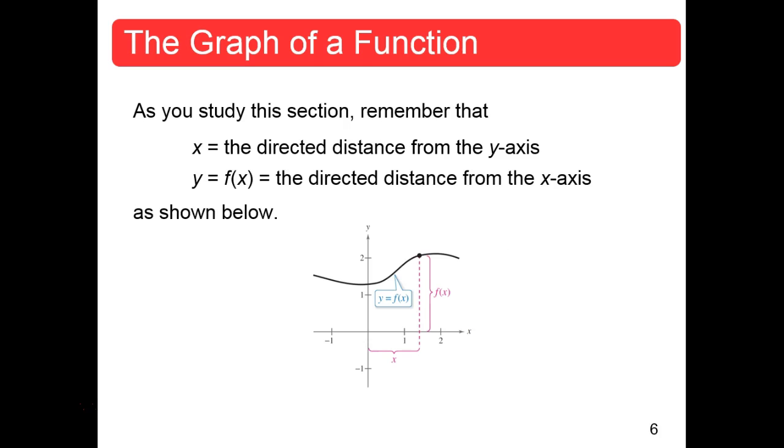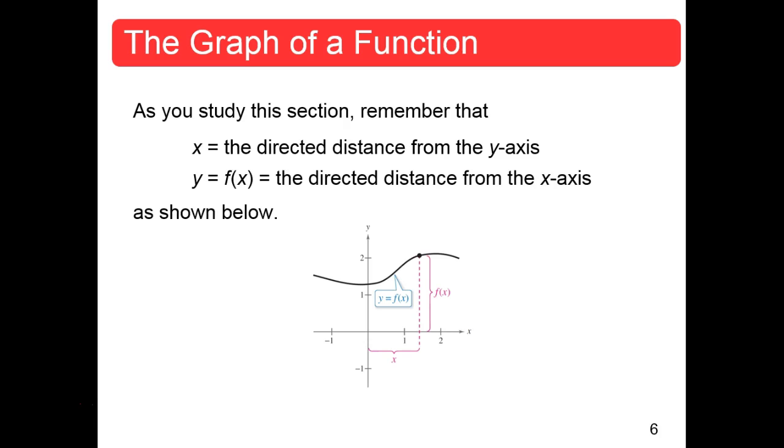As you study this section, remember that x is the directed distance from the y-axis, the vertical axis. That's how far this way or that way you've gone. Positive in this direction, negative in that direction. That's your x. The y, which is the f(x), is how far you are up or down from the x-axis, or you could say from the origin. So here is a graph of some unknown function, f(x).